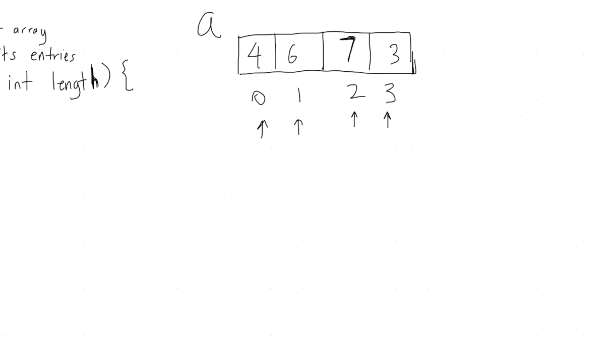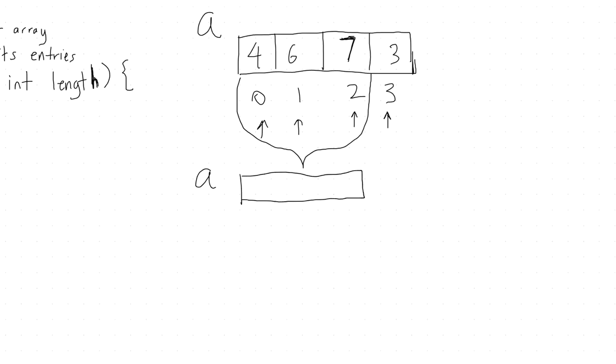Instead, we can think of a smaller version of this problem: I can take the sum of this smaller array and then add it to 3, which is the last entry that we cut out in our smaller version of the problem.